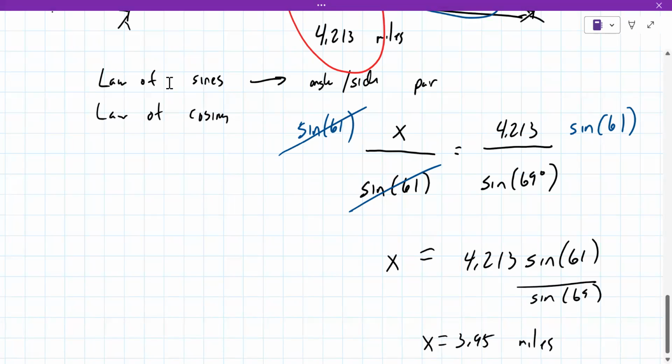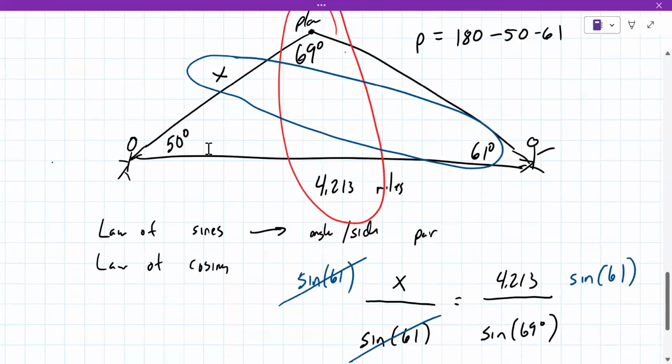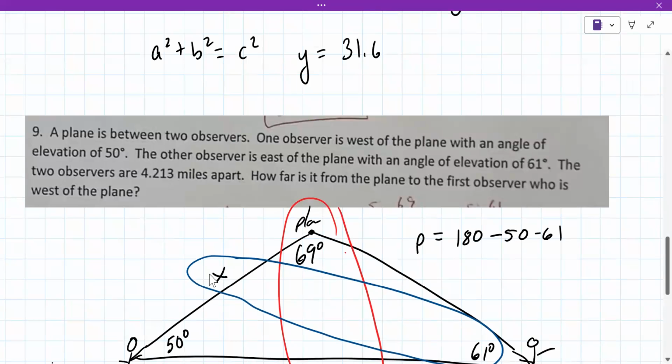The other thing to think about when you're taking tests is that you're going to get one of each. You should get one law of sines problem and one law of cosines problem. You almost want to look for it. So you think, okay, that one's law of sines, the other one's probably law of cosines. So now that we're done with this one, which just wanted the distance x, we know the next one is probably law of cosines.